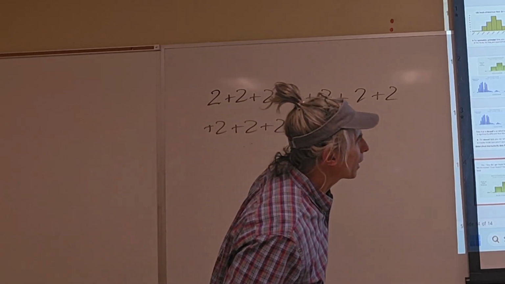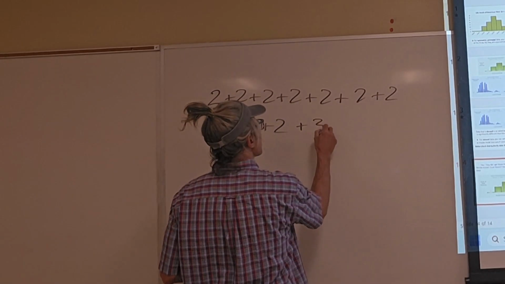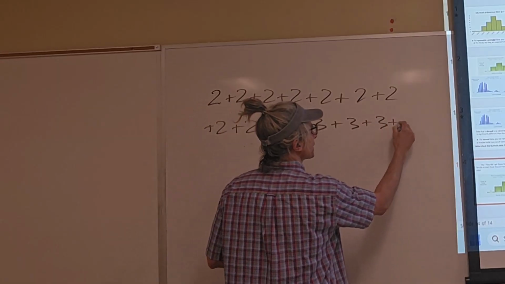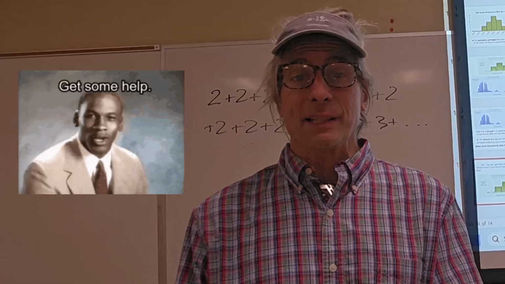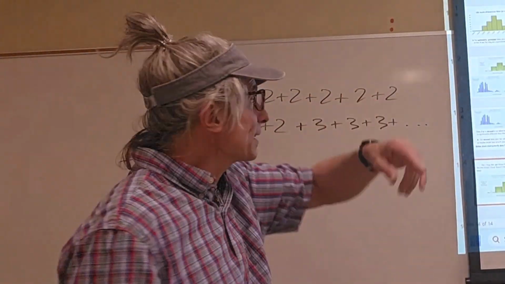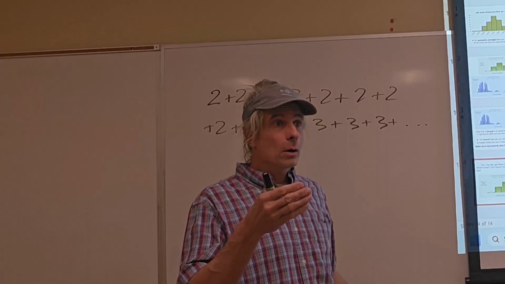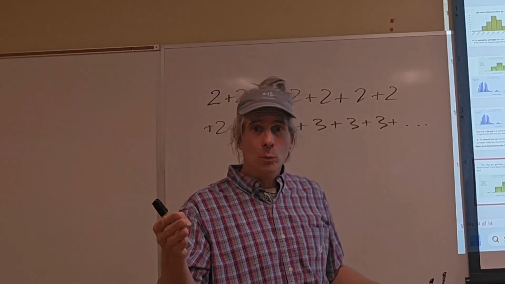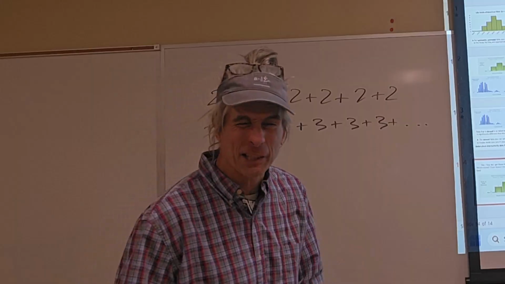And then there are 111? So I go plus 3, plus 3, plus, and hopefully at this point you're going, Sean, stop, please stop with that ridiculous stuff. Because if you've got 10 twos, why go 2 plus 2 plus 2 plus 2 plus 2 when you could just go 2 times 10? Because that's why we invented multiplication in the first place.